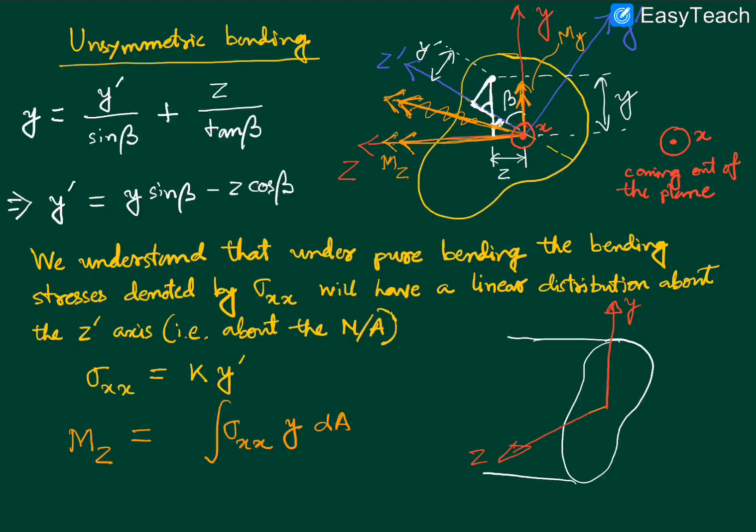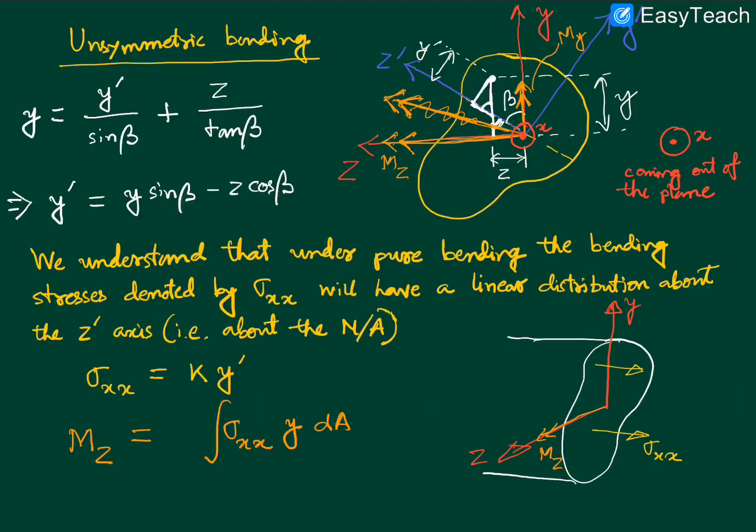My mz is pointing like this, and my sigma xx, well, the positive convention means that this is my sigma xx. So anywhere that I'm drawing, it is following the positivity sign convention.